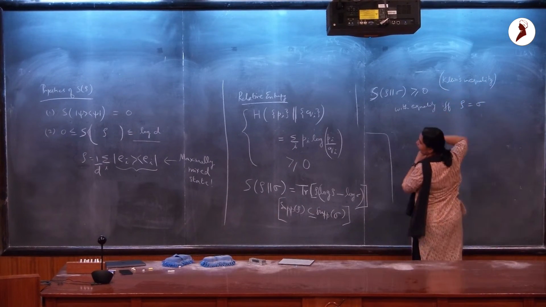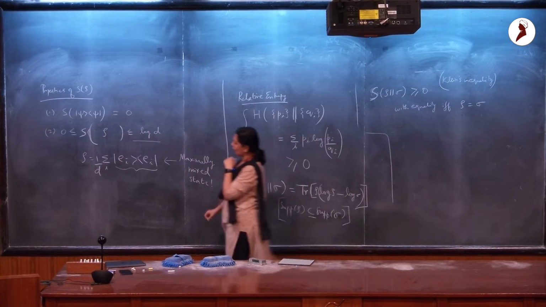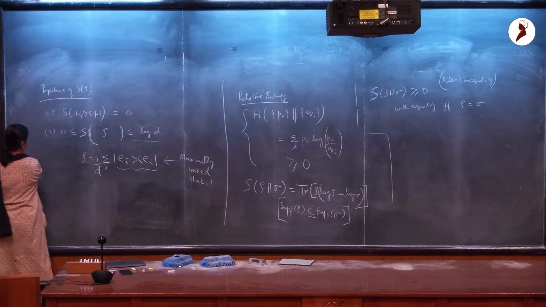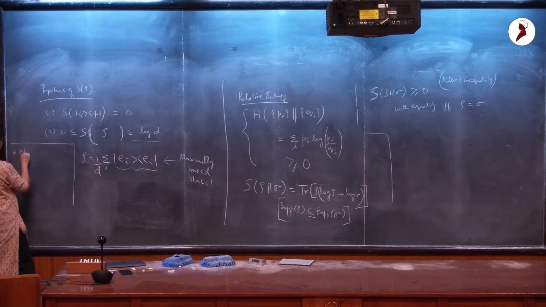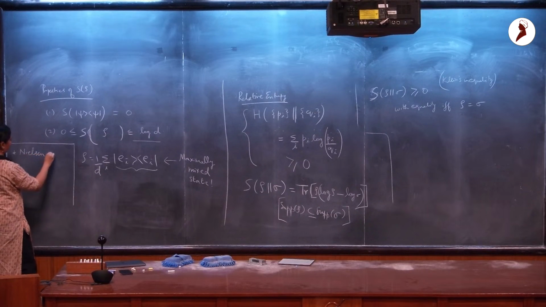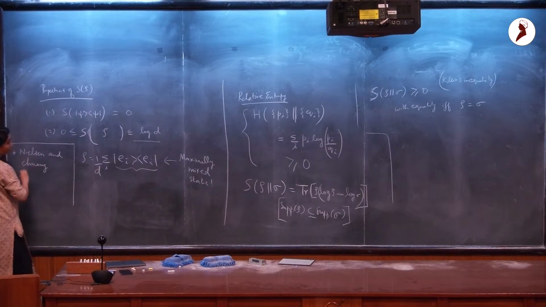So I think people were asking me for references, which I should have provided in the morning itself. A lot of the discussion comes from the book by Nielsen and Chuang, but of course the information is spread out in different places.